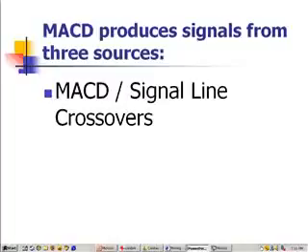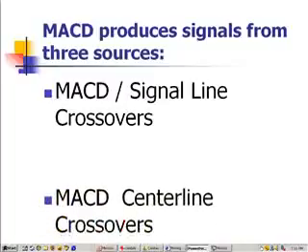Also, unfortunately, they're the ones that most traders are aware of and actually take action on. But I'm here to tell you that there are some other signals that MACD sends out that are more reliable, and although they're less frequent, they produce bigger moves.